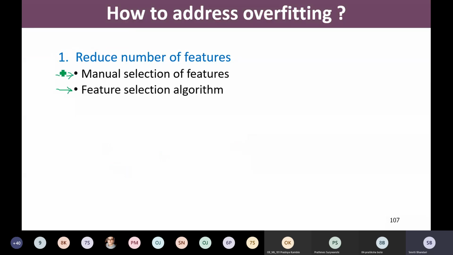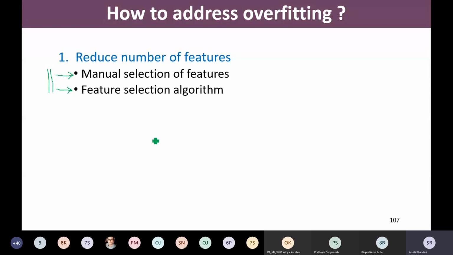Now, these are good ways to address overfitting, but we may have one disadvantage of reducing the number of features. And what might be the disadvantage? If I am having 100 features, and I am eliminating a few of the features out of those 100, definitely I am losing some information.